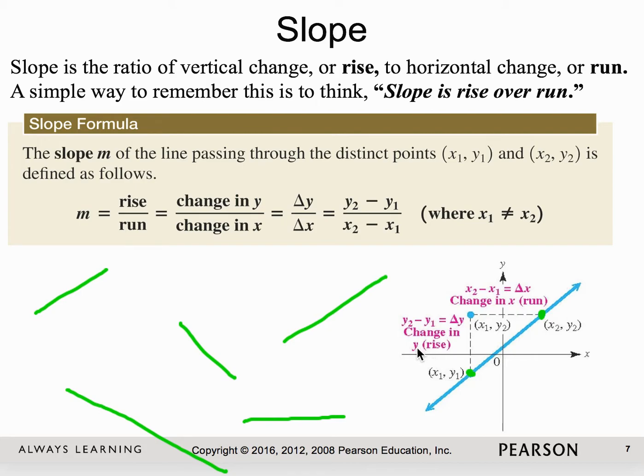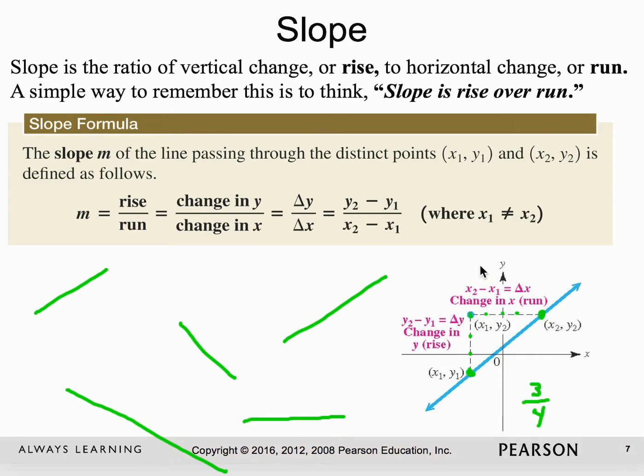If I'm on a graph of a line, I can just count. This doesn't have any numbers, so I'm just going to kind of make up. Okay, I'm going from this point, I'm going up 1, 2, 3, let's say, if that's compared to over 1, 2, 3, 4. And that's how I would find the slope.